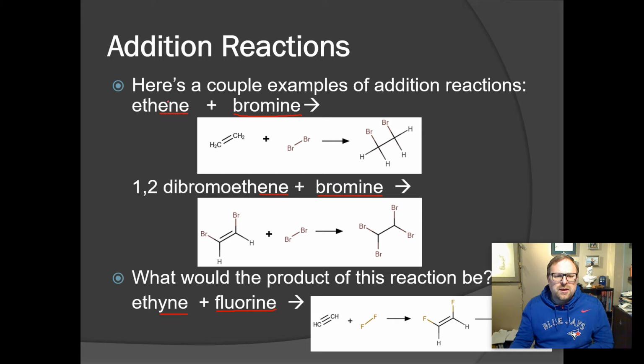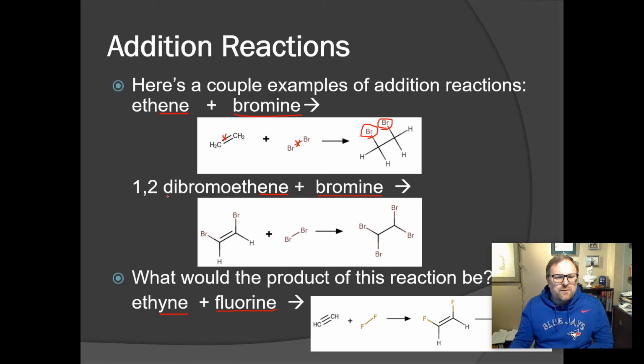So if you see an ene or an ine in the reactants and a small diatomic molecule, you've got an addition reaction. And then all that means is we're breaking the double bond, breaking the bond in the small diatomic molecule, and then attaching, in this case, the bromines to the compound where those bonds were broken between the two carbons, okay? And this makes a 1,2-dibromoethane.